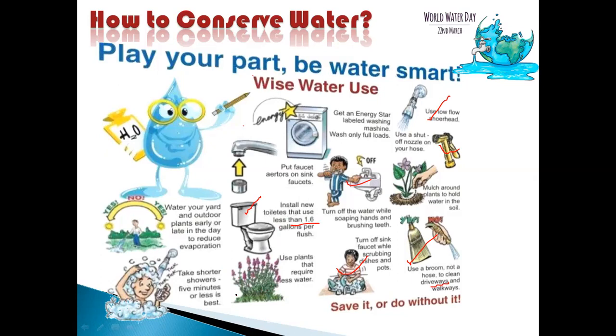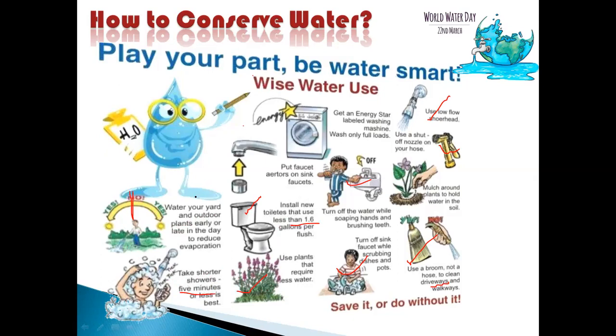Water the plants when they need it. For bathing, take shorter showers of up to 5 minutes or less. Water your yard and outdoor plants in the morning or in the evening, not at the very peak time when there is more evaporation.